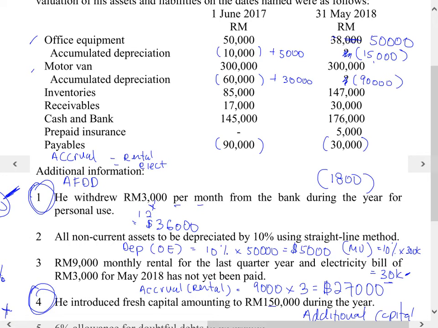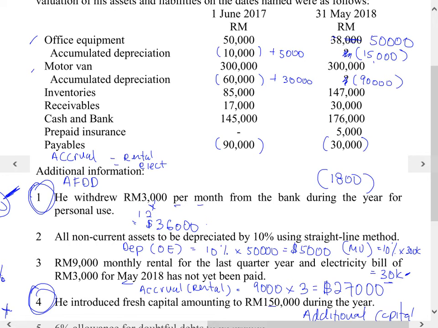for rental. I have another 3,000 haven't paid for the month of May. Accrue 1 month May, 3,000. So I got 2 accruals, 27,000 and 3,000. 1 year, 4 quarters. 1 quarter, 3 months.